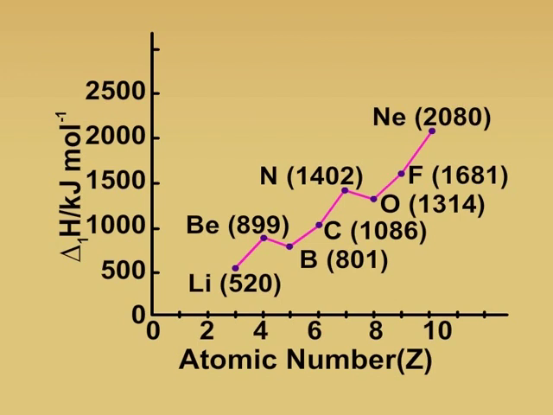You will also notice that the first ionization enthalpy of boron is slightly less than that of beryllium, even though the former has a greater nuclear charge. When we consider the same principal quantum level, an s electron is attracted to the nucleus more than a p electron.